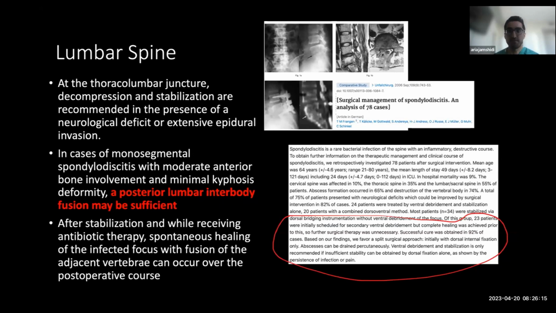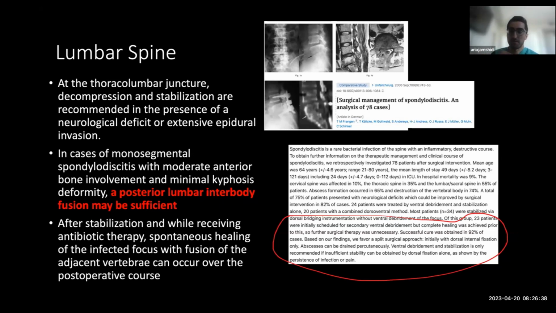It's interesting, I found this study. This was a study that included 78 cases published in 2006. And the authors noted that they had 23 patients with, again, spondylolisthesis that were initially scheduled for a secondary ventral debridement. They initially backed them up dorsally.